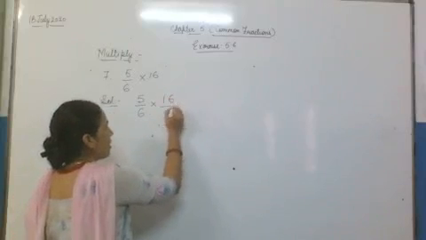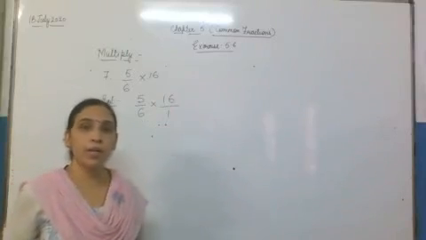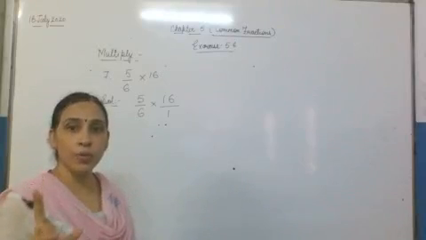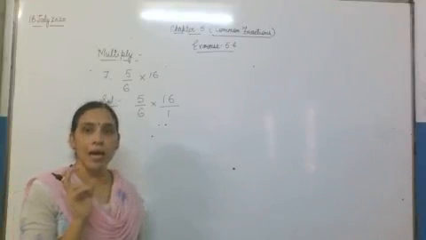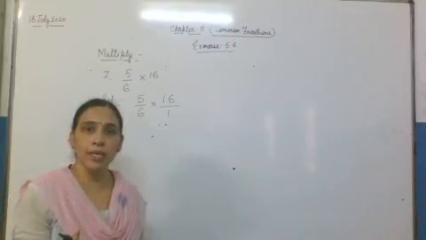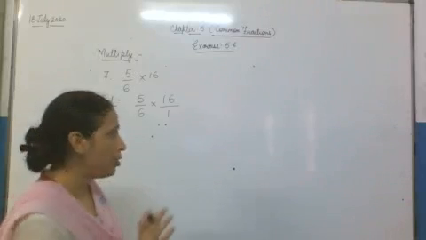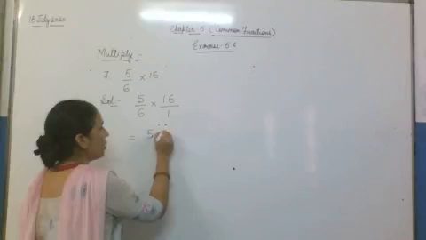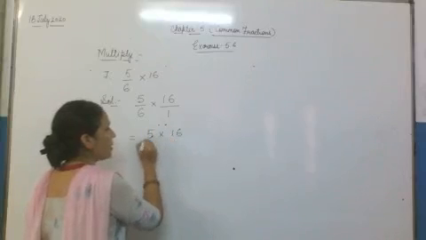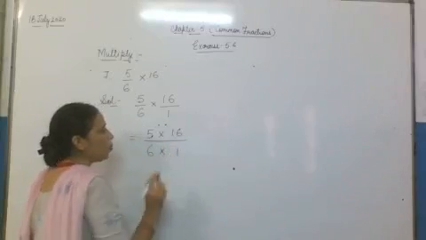So 16 upon 1. Now what is the second step? The numerator will multiply by the numerator and the denominator will multiply by the denominator. So this is our second step. Now 5 is going to multiply by 16, and 6 will be multiplied by 1.